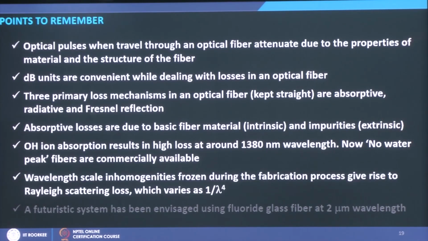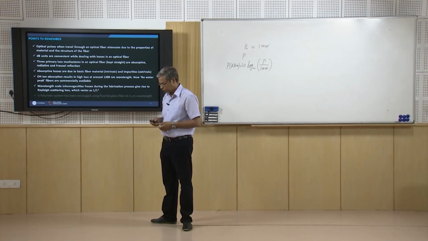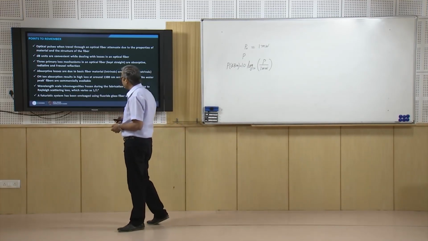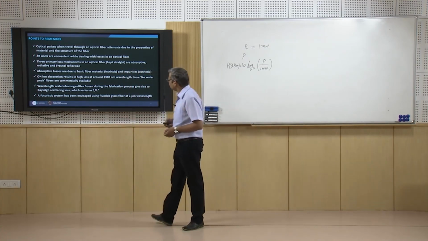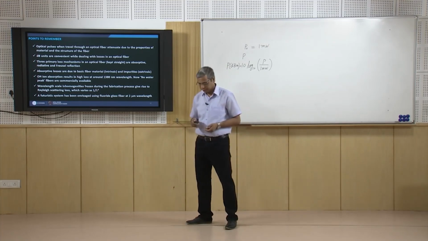We had also seen that wavelength scale inhomogeneities which are frozen during the fabrication process of an optical fiber cause scattering, and this is Rayleigh scattering loss, which varies as 1 over lambda to the power 4. Then a futuristic system has also been envisaged using fluoride glass fibers at 2 micrometer wavelength. Thank you.